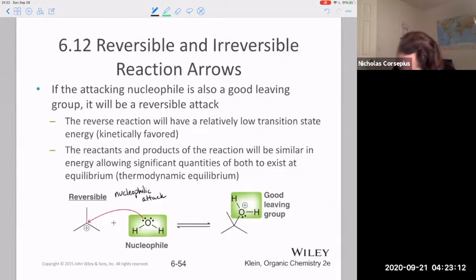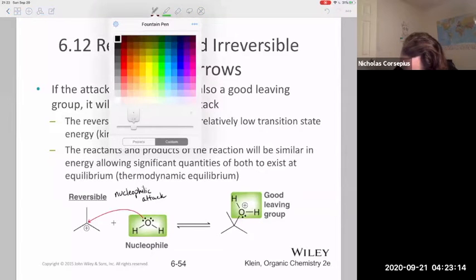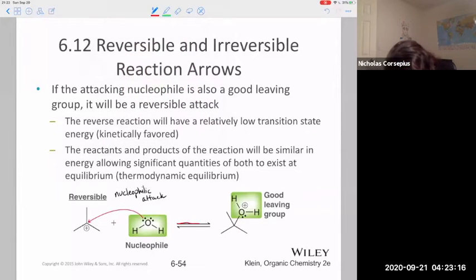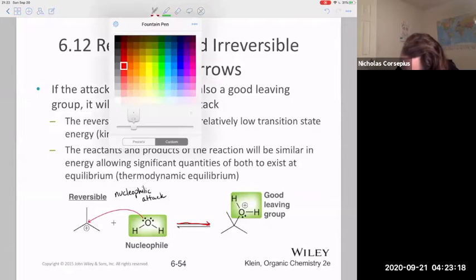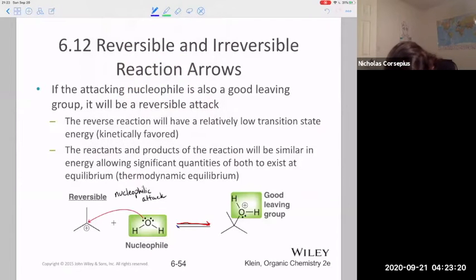Because the reverse, right? So let's actually color code these things in such a way. This is the forward direction, this arrow. The reverse, well, let's do even better, starting at that base, would be the kicking off of that leaving group.